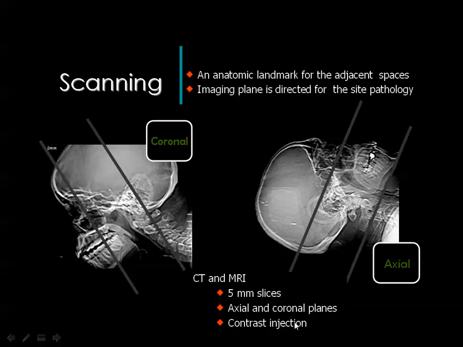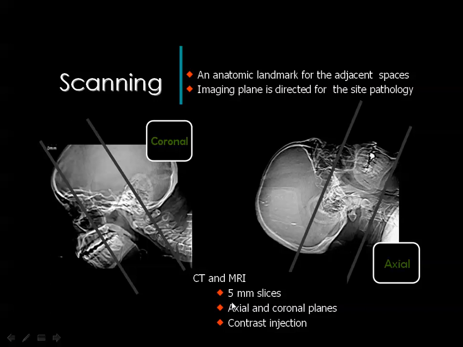Actually, in order to examine the area of the parapharyngeal spaces, you should have the axial and the coronal planes, whether by CT or by MRI. By CT, in the axial image, you start from the inferior border of the mandible and you proceed upward until you reach the skull base.